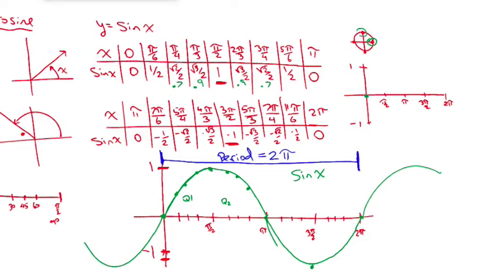At pi over 2, sine is equal to 1. At pi, sine is equal to 0. At 3 pi over 2, sine is equal to -1. And then you're back to 0 at 2 pi. And then you get a nice little graph.